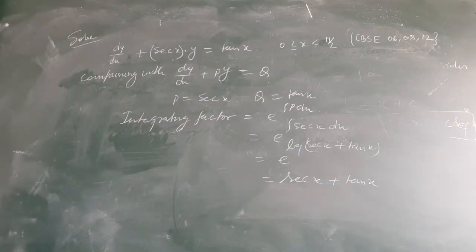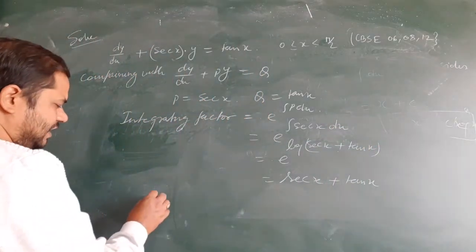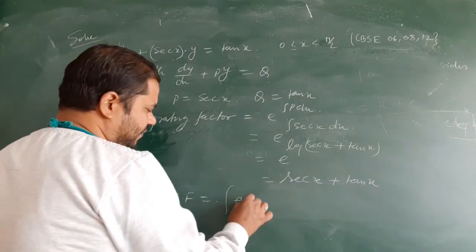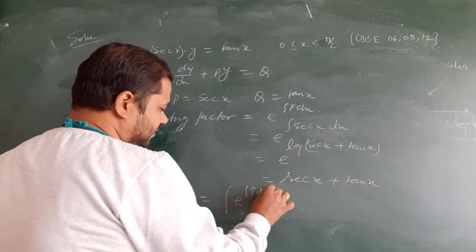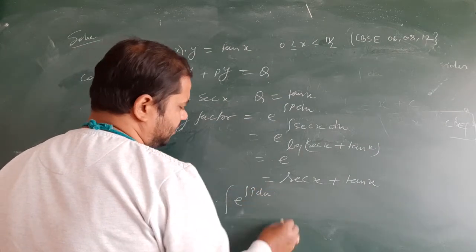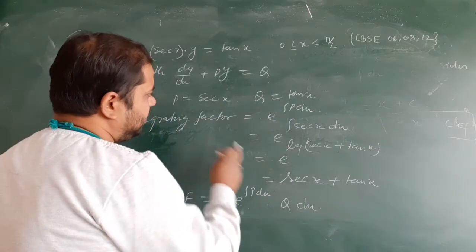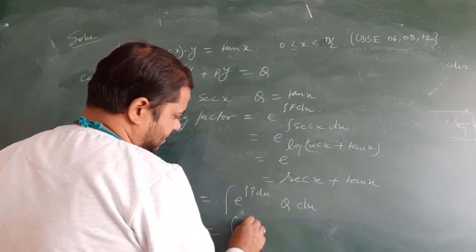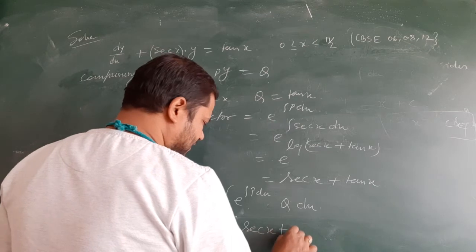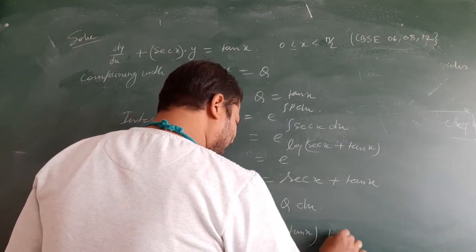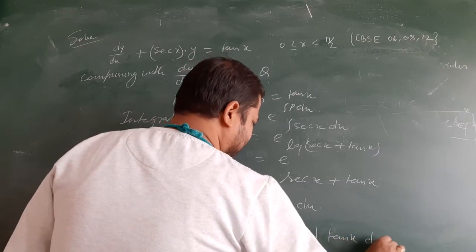Now what will be the solution of this differential equation? y into integrating factor is equal to the integral of integrating factor into q dx. So this is nothing but y into (sec x plus tan x) is equal to the integral of (sec x plus tan x) multiplied by tan x dx.